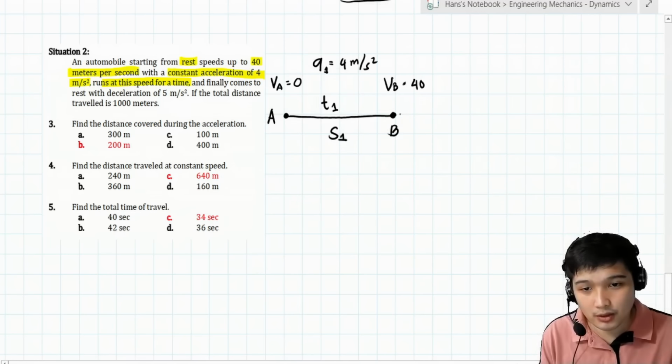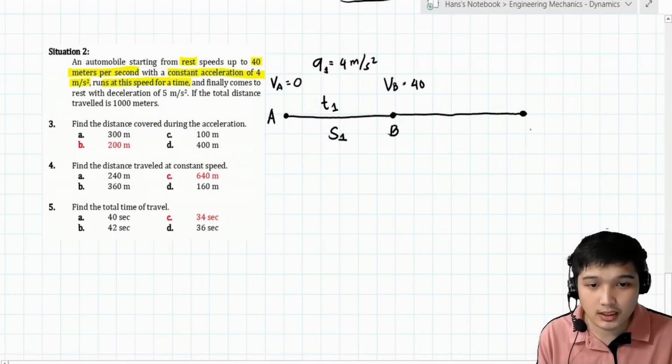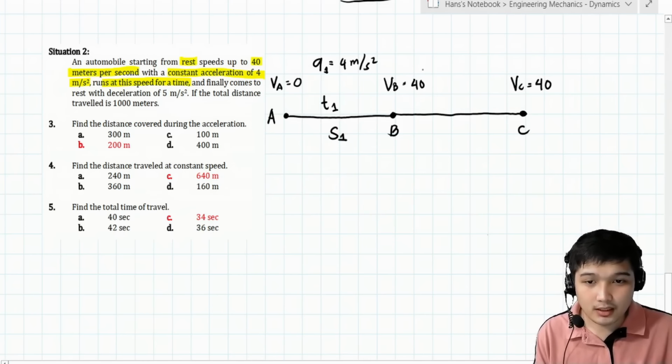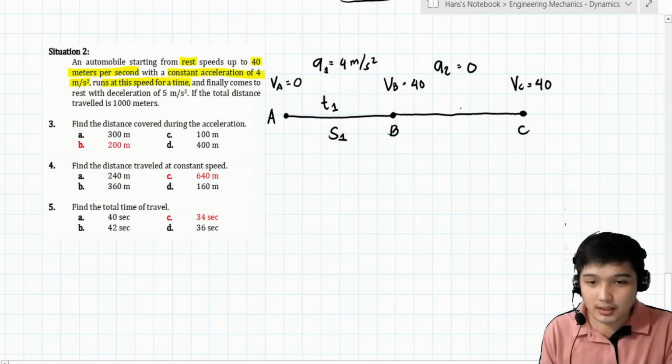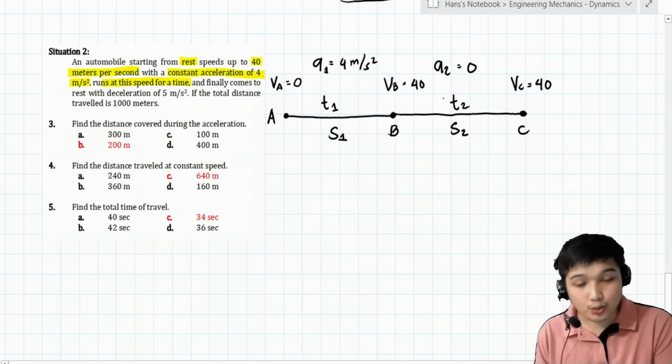Let's say that is from B to some point C. Upon arriving at C, his velocity is still 40, because the acceleration between B and C, which we call A2, is actually 0. Okay, got it, guys? So therefore, the distance traveled we call S2 and the time taken we call T2.